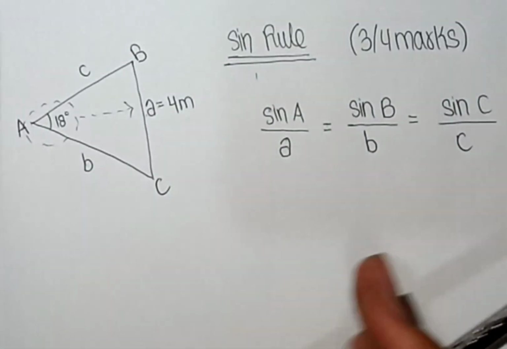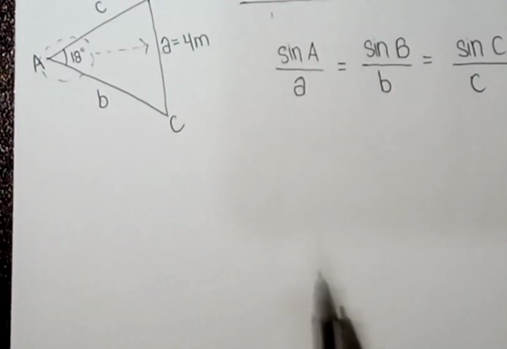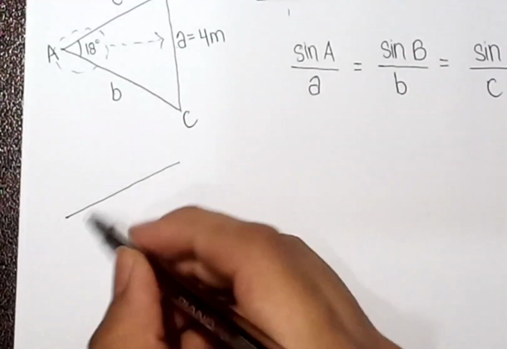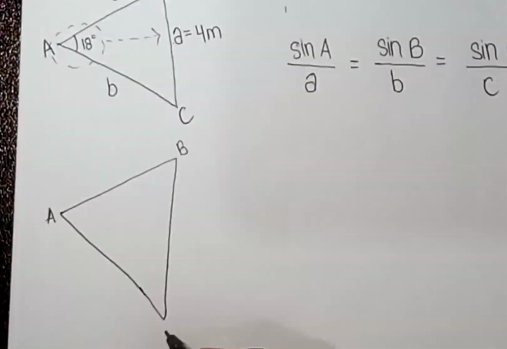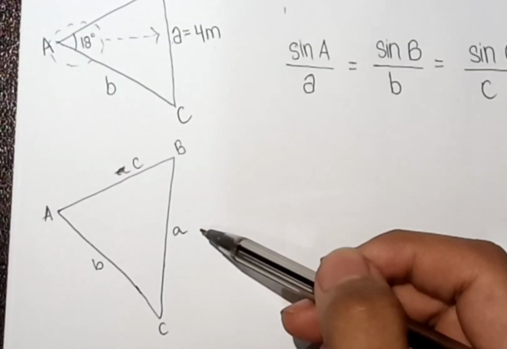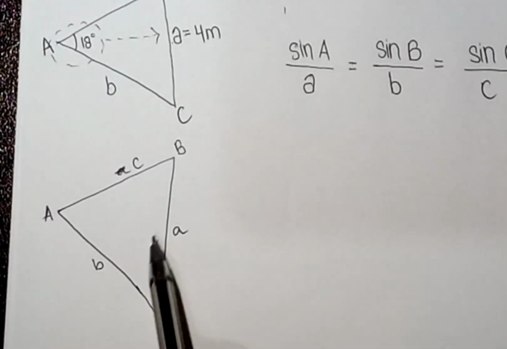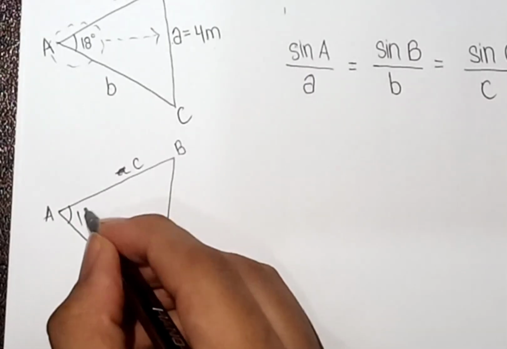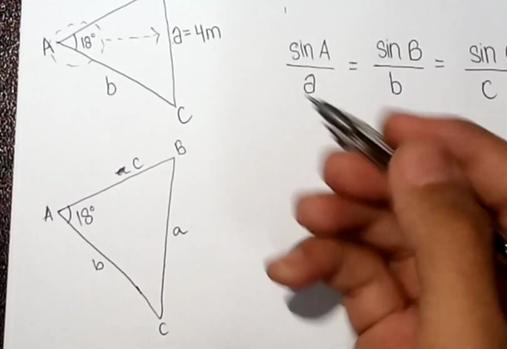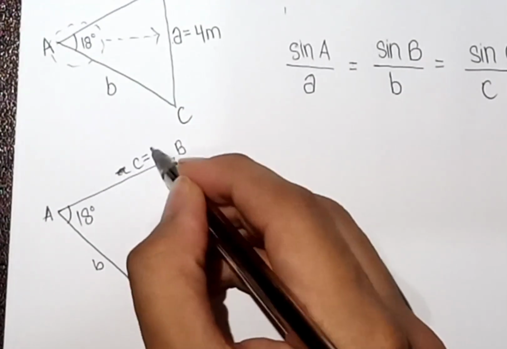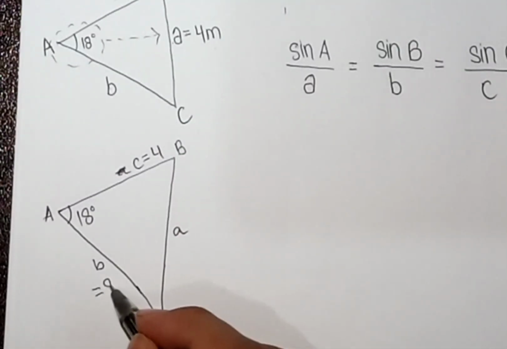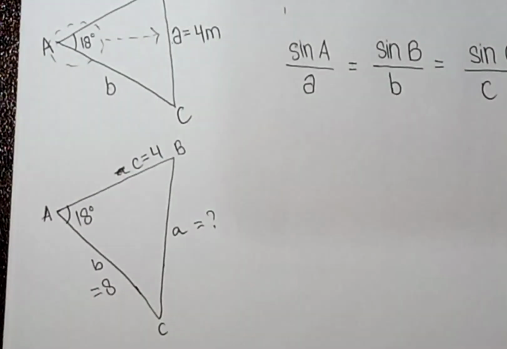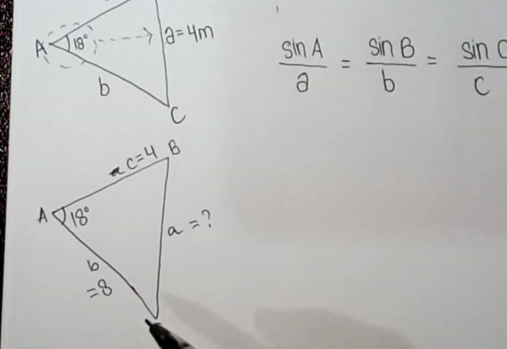I will make you understand more. Suppose 18 degrees is given here, and they have given the value of C which is 4, the value of B which is 8, and they have asked you about A. Can you apply the sine rule?